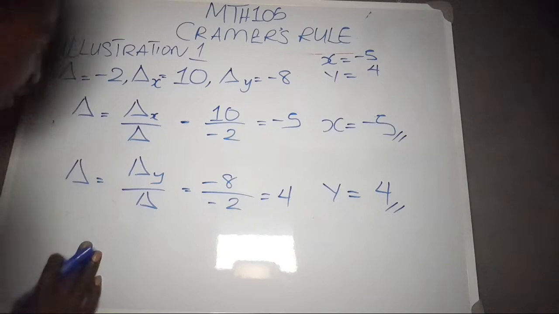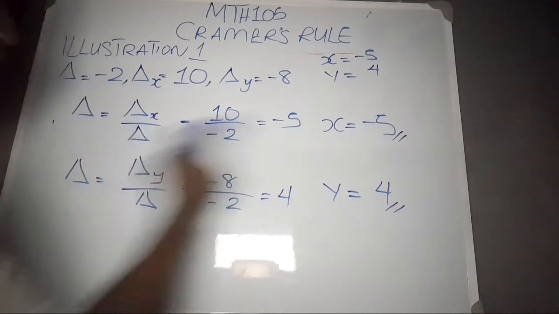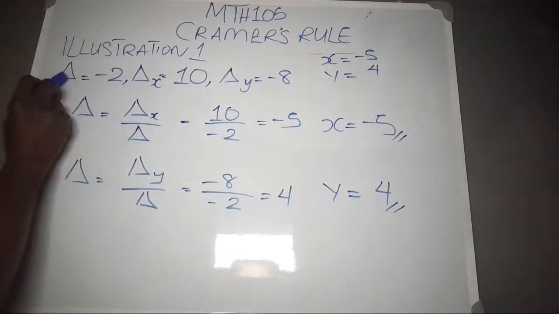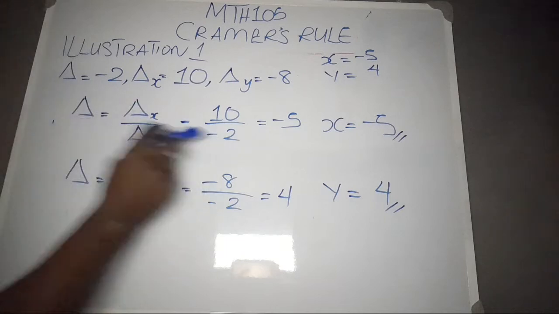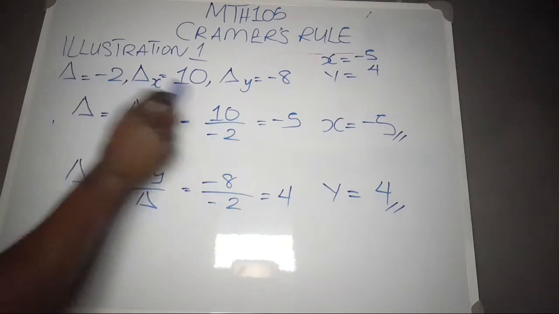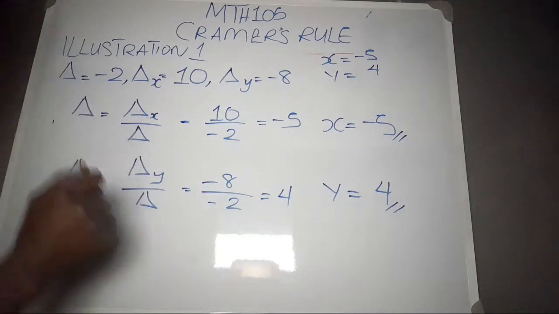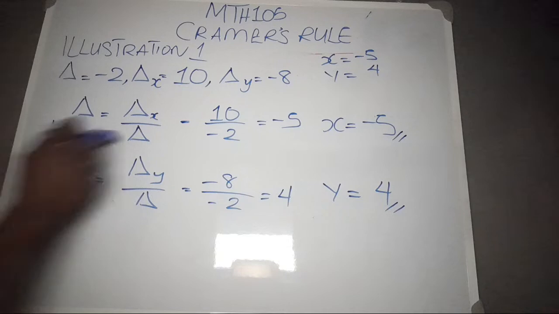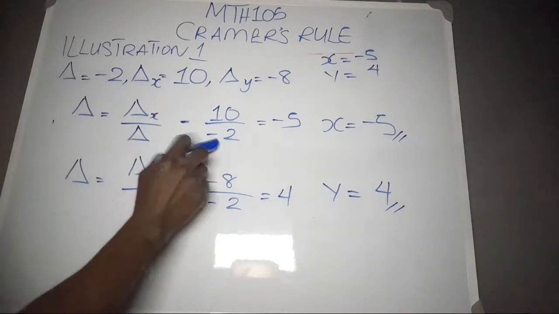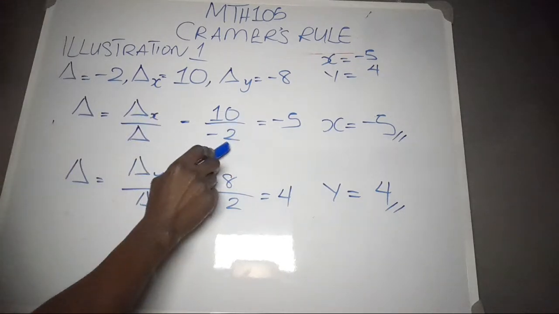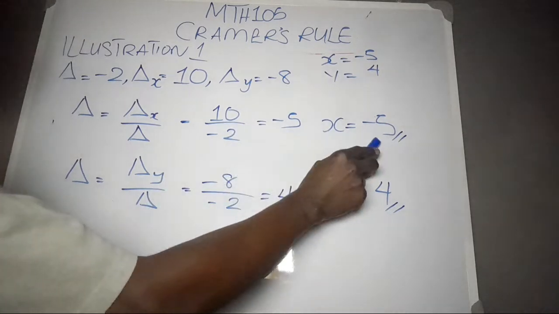So to get your final answer for x, you divide x by the main determinant itself, which is minus 2. We already said x is 10, y is 8. So you have to divide 10 by 2, which is equals to 5. x is equals to 5.